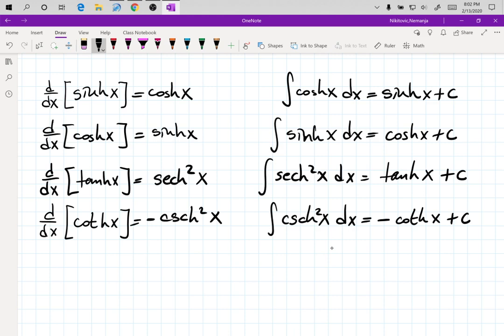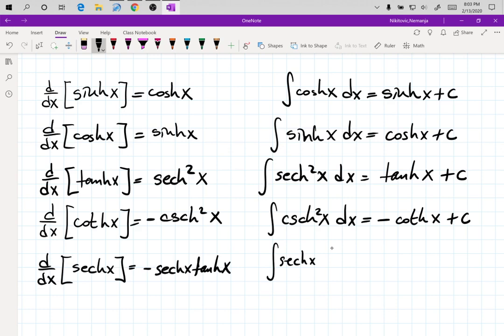Secant and cosecant are left, and they're all the same as trig. Derivative of secant hyperbolic x is negative secant hyperbolic x tangent hyperbolic x, and the integral of secant hyperbolic x tangent hyperbolic x dx is negative secant hyperbolic x plus c.